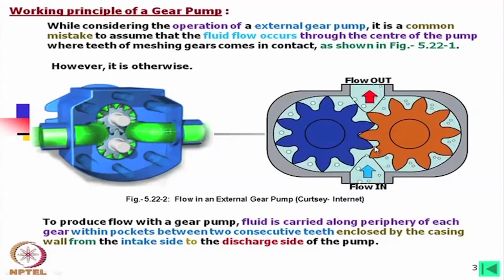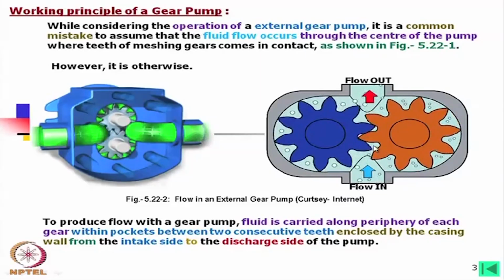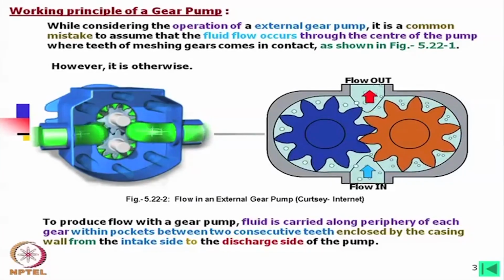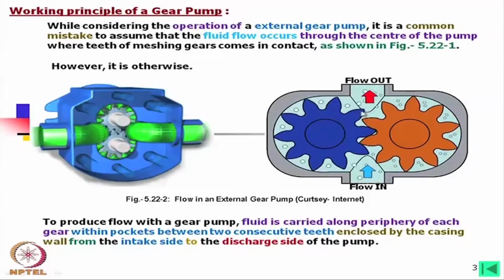Now, in that case, if we ask how many chambers there are, we can say that within one revolution there are how many pockets? This is exactly double the number of gear teeth.